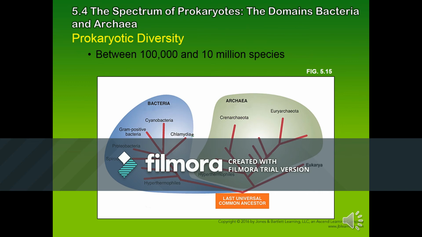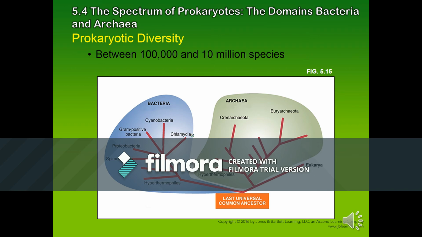We've known bacteria for a really long time, and we think they're somewhere between 100,000 and 10 million different species, but no one knows yet. That's one of the reasons why microbiology is so exciting, because if any of you went into a microbiology lab, there is a chance that you could discover a brand new species if you looked hard enough.